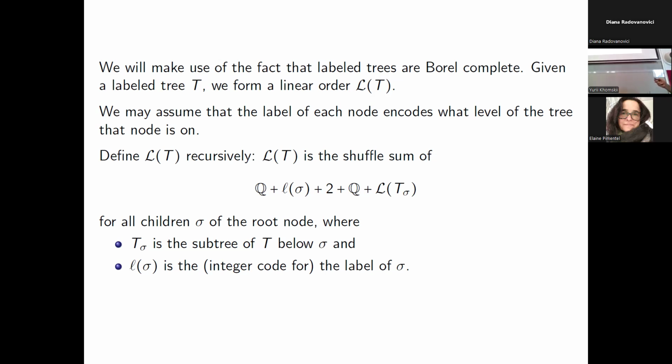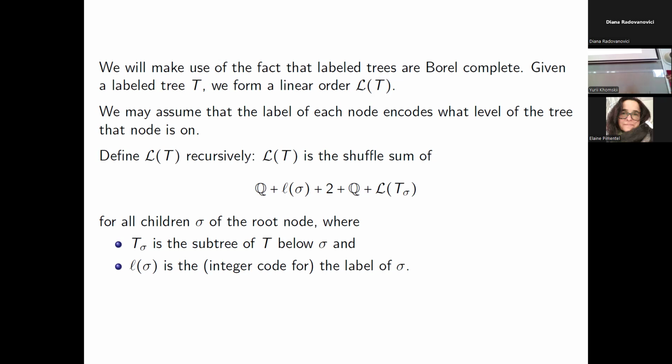So we're going to put the label in. We're going to put a finite sequence of things to say what the label was. We're going to put these little delimiters Q to say, okay, here's where the label starts, here's where the label ends. And then we're going to encode all the subtree below the sigma over here. So the encoding of sigma is you take the subtree below sigma and the label of sigma, and you put it in this little linear order.